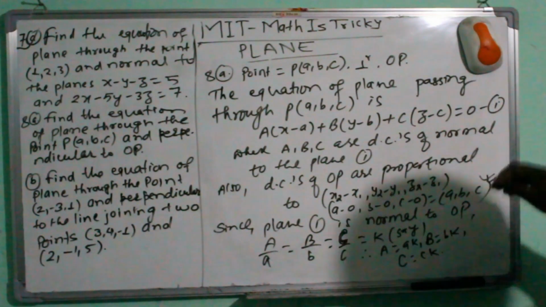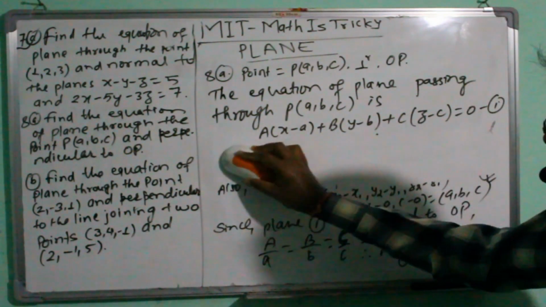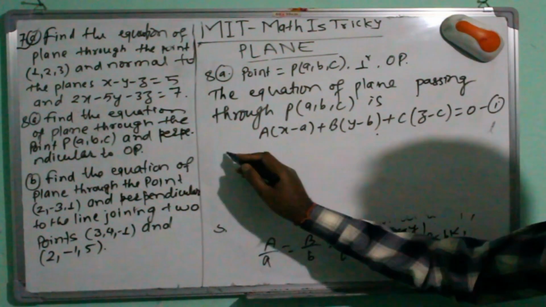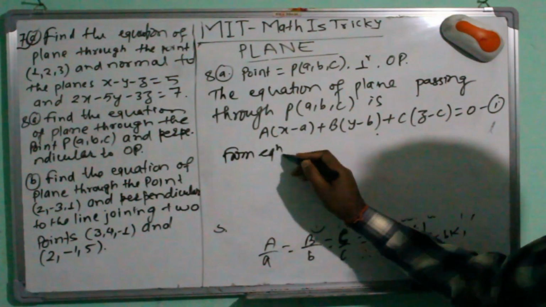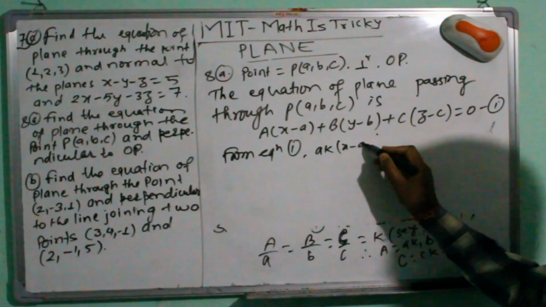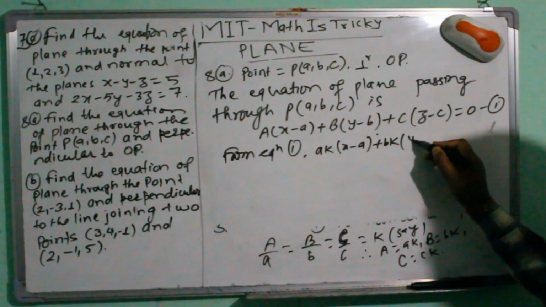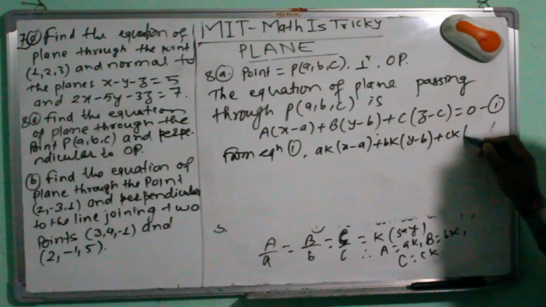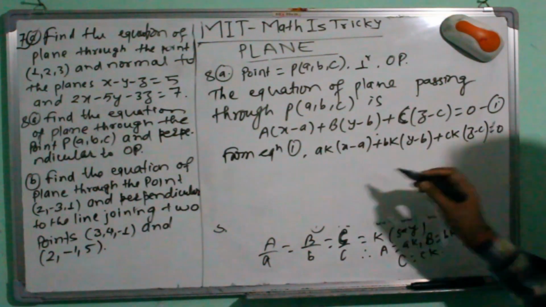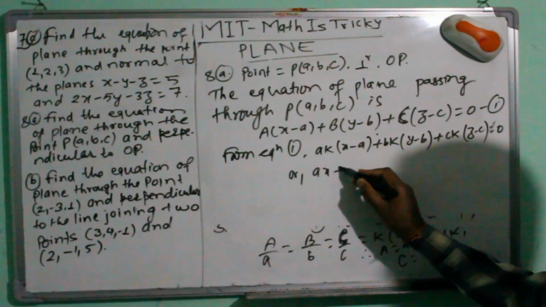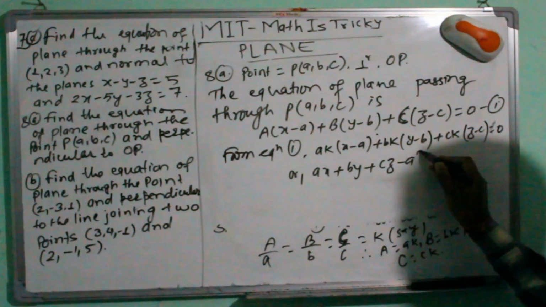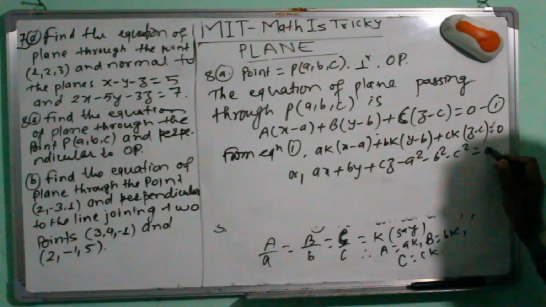Then let's substitute the value from equation 1. We get AK times x minus A plus BK times y minus B plus CK times z minus C equals 0, which gives AX plus BY plus CZ minus A square minus B square minus C square equals 0.